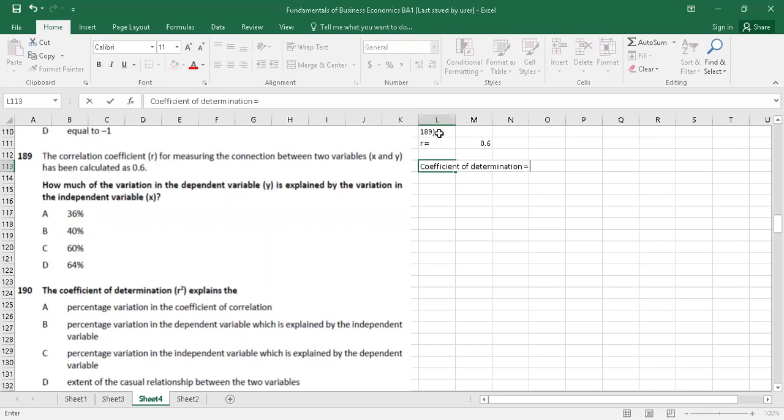Coefficient of determination is equal to R square. I'll just write R into R. So let's calculate what is R into R. Okay, once we calculate R into R, it is 0.6.